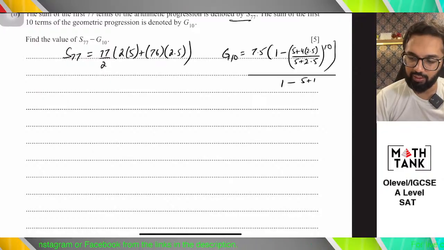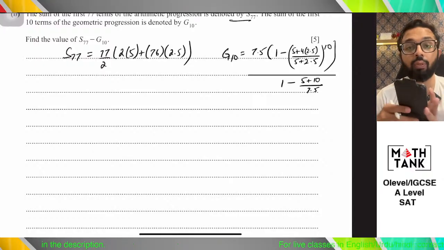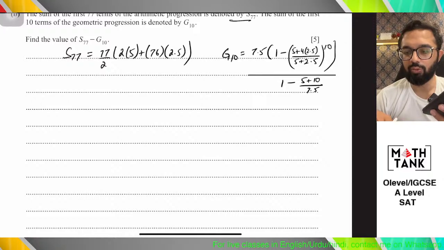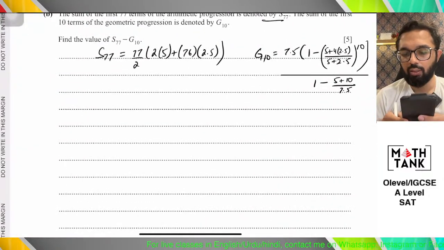That gives me 10 and 7.5. Okay, I haven't calculated a value for r. I'm just improvising with the calculations right now.